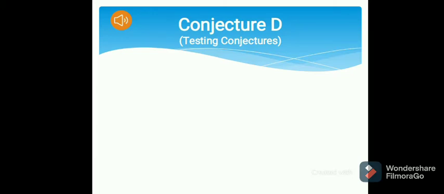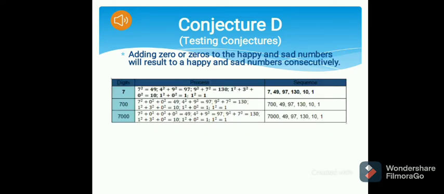To test conjecture D, adding 0 or zeros to the happy and sad numbers will result in happy and sad numbers, consecutively. If we extend the process of squaring and adding the results of the number to find happy numbers and sad numbers, we can add zeros to the numbers.